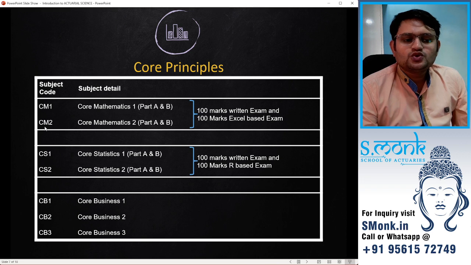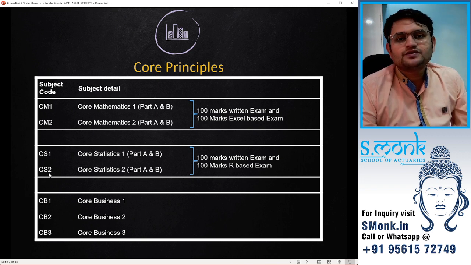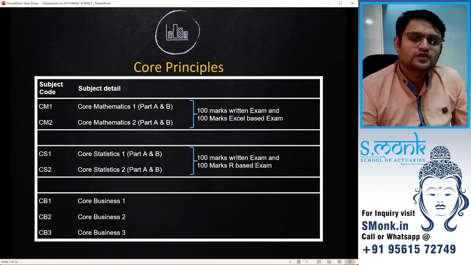Then CM2 contains investment information, the subjects of investment, and CS2 is called statistical modeling. We talked a little bit about financial modeling. We learn how to make those models in CS2.